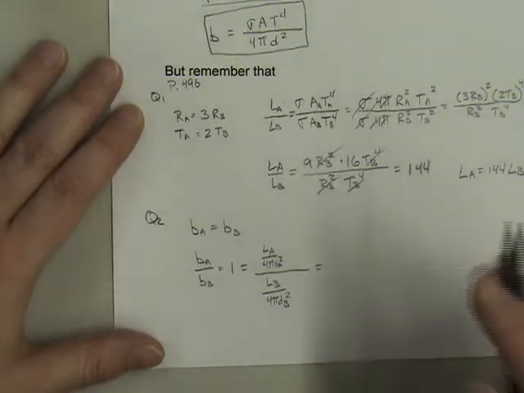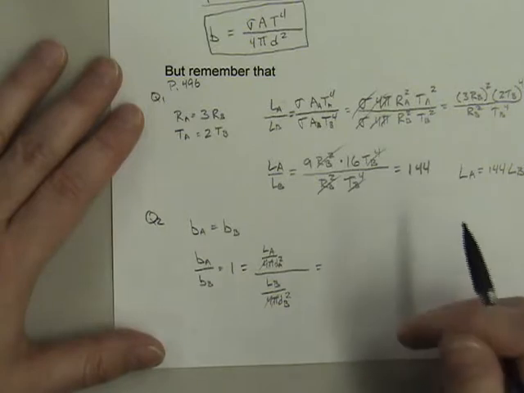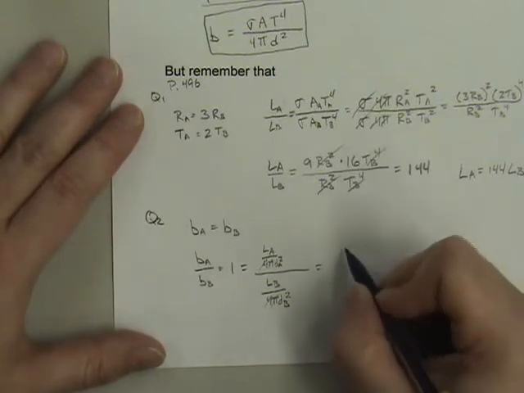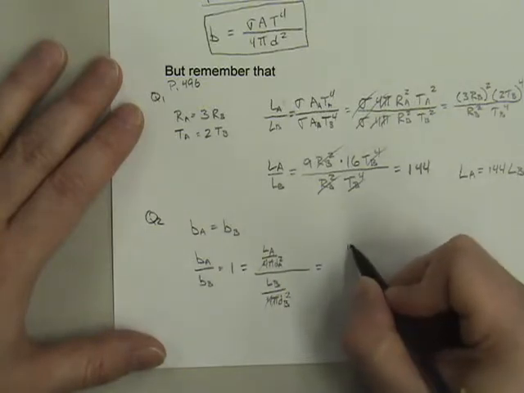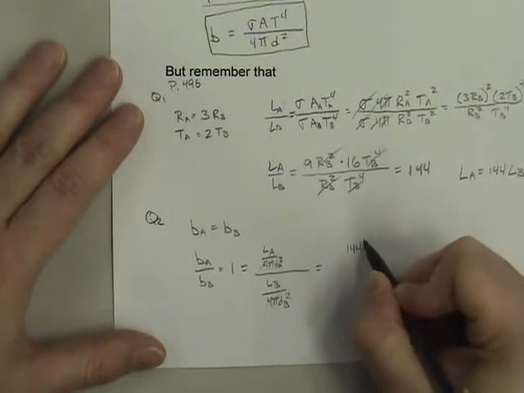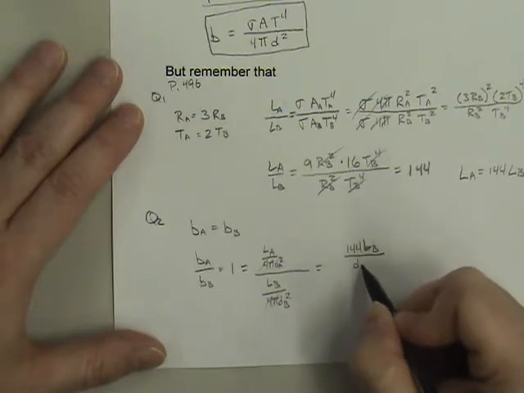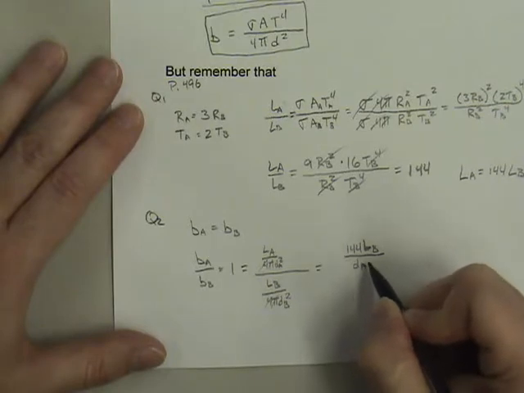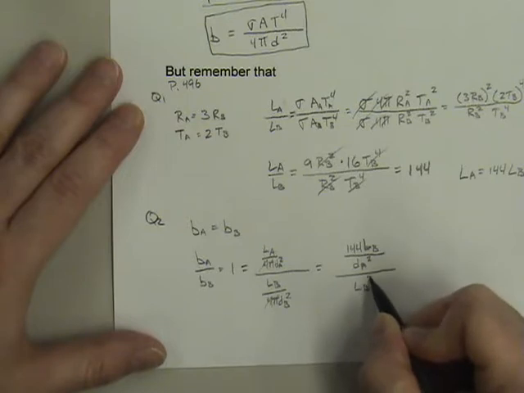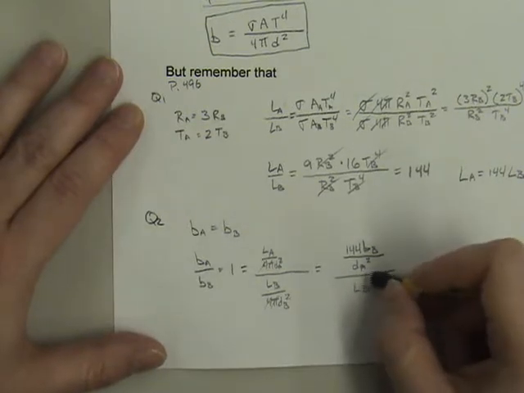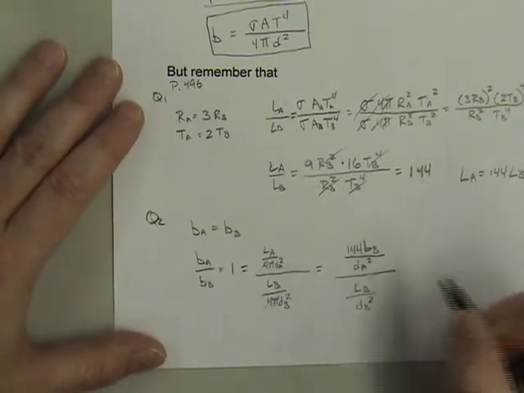First of all, right off the bat, I can get rid of the 4 and the pi. Those are going to cancel. So that leaves me with LA, but I know LA is equal to 144 LB, my mistake, divided by DA squared. Down here I have LB divided by DB squared.